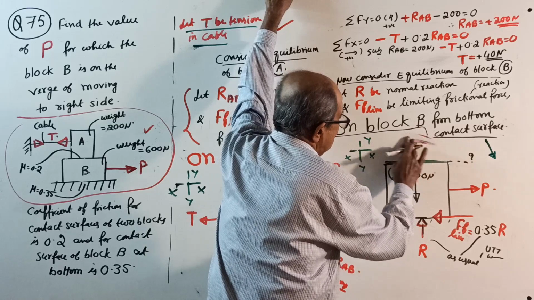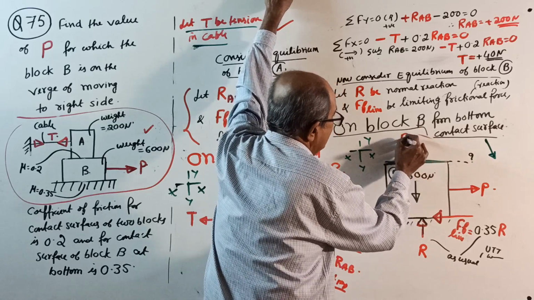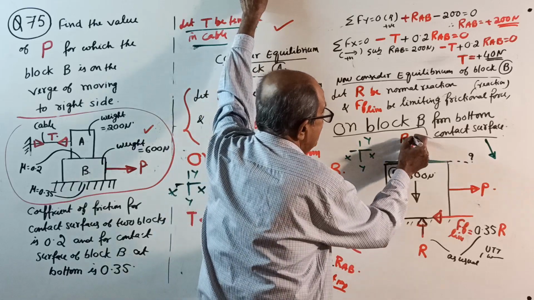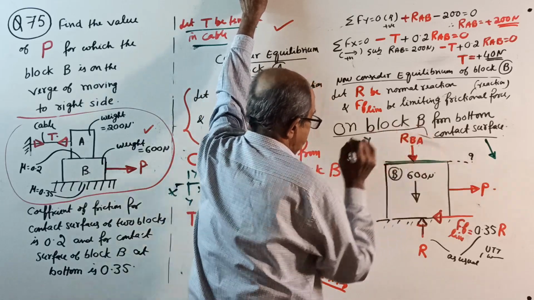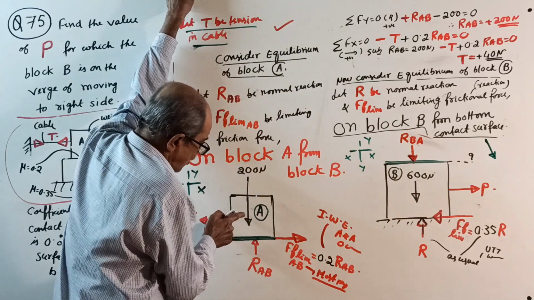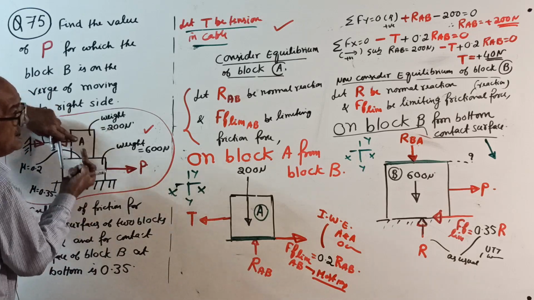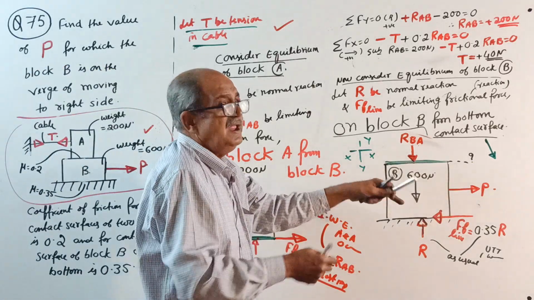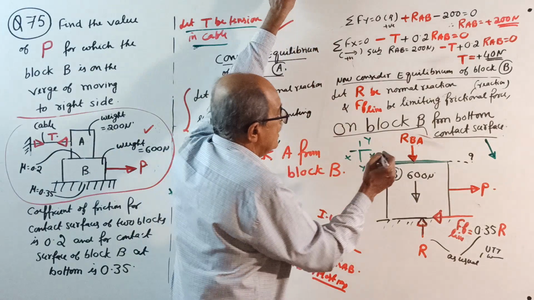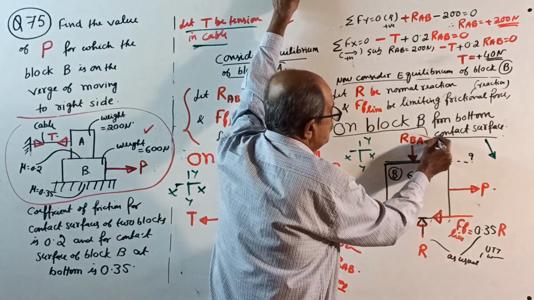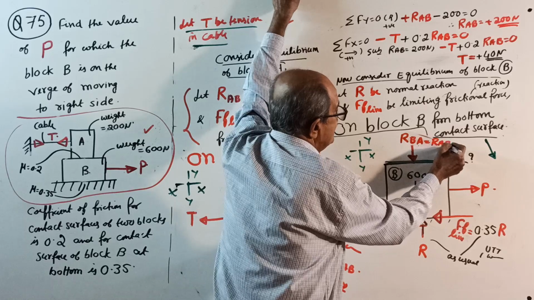Actually it is R on B from A. This is R on A from B. See here, R on A from B. This is R on B from A. RBA is equal to RAB. Why?